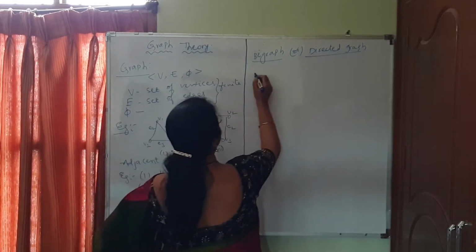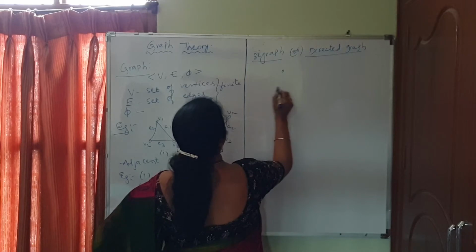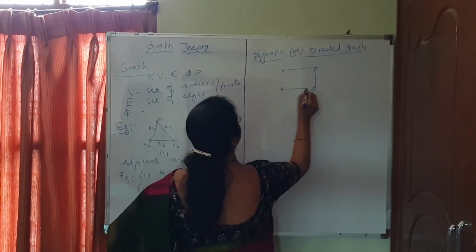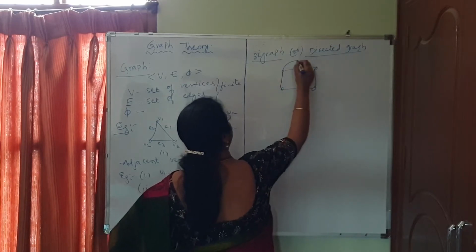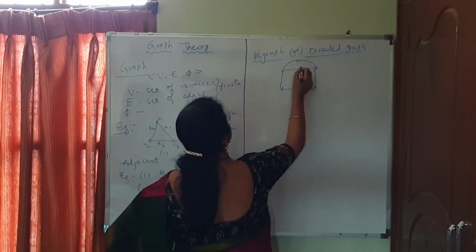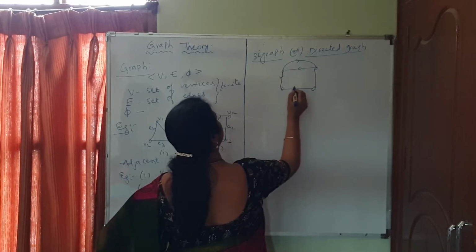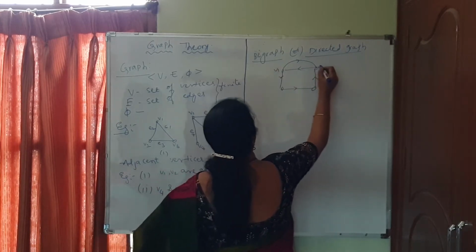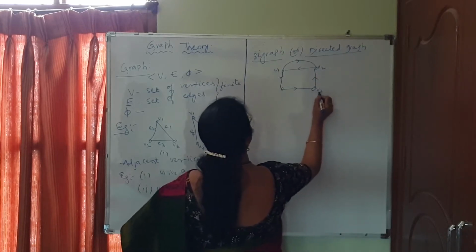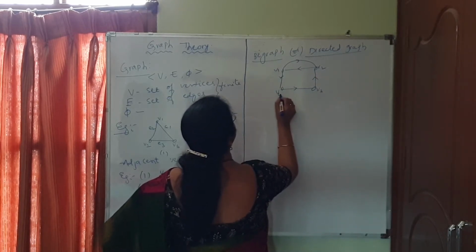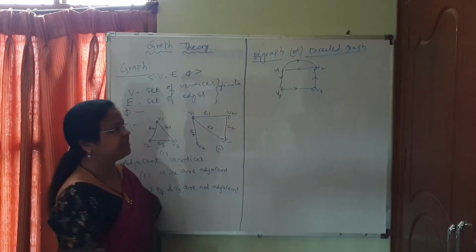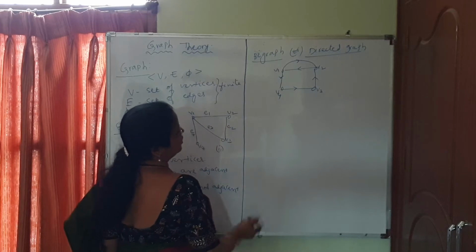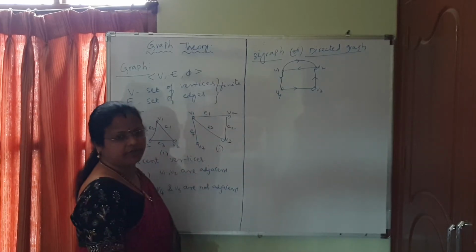For example, like this. For every edge we have to represent the direction, then we call the graph a digraph. So this is called a digraph, or we can simply call it a directed graph.